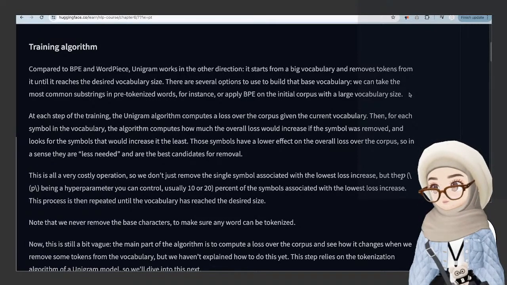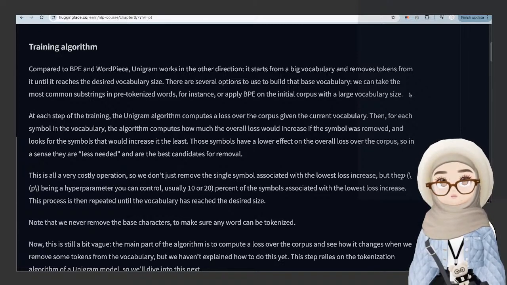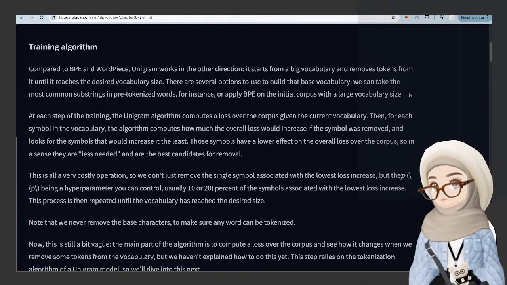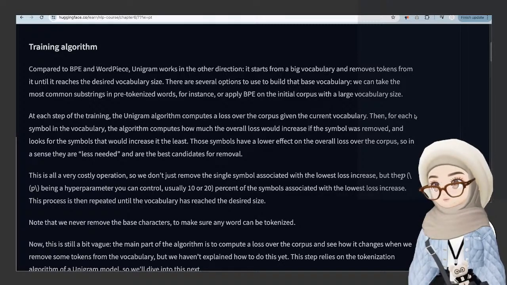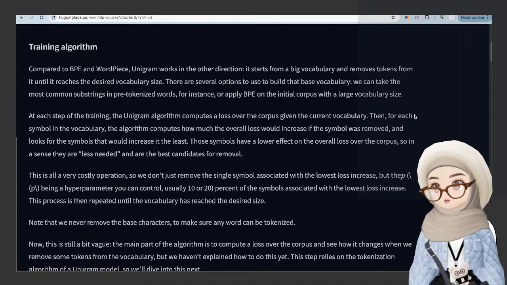Most common string, or apply BPE. At each step of training, the unigram algorithm computes a loss over the corpus given the current vocab.